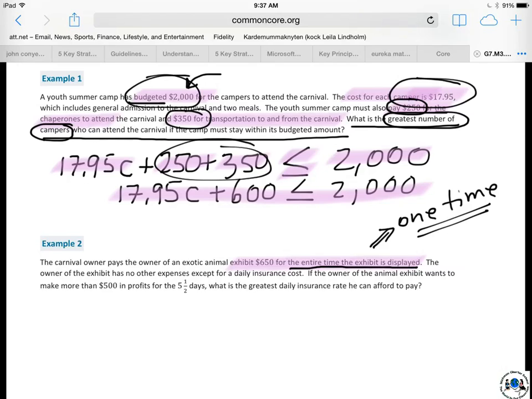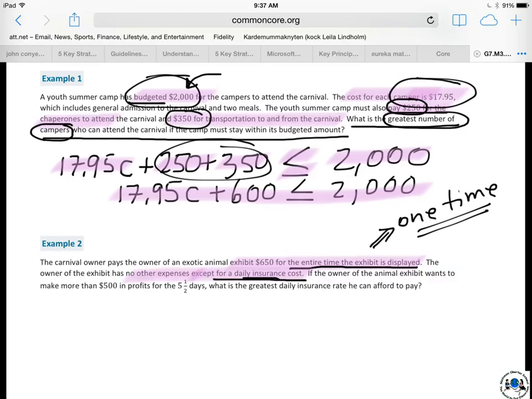Okay, so the carnival owner pays the owner of an exotic animal exhibit $650 for the entire time the exhibit is displayed. The owner of the exhibit has no other expenses except for a daily insurance cost. So nothing else is being charged.